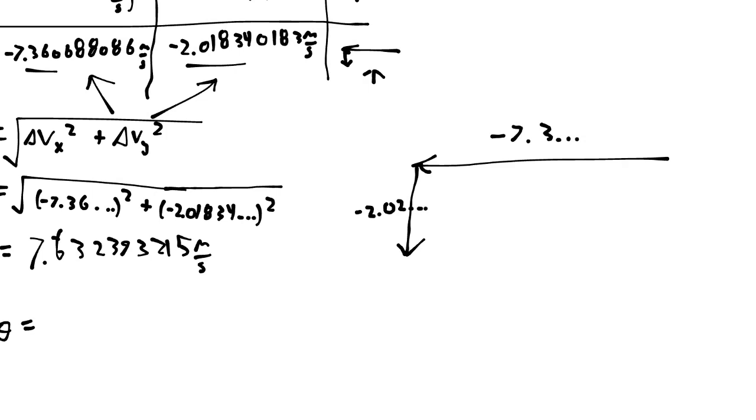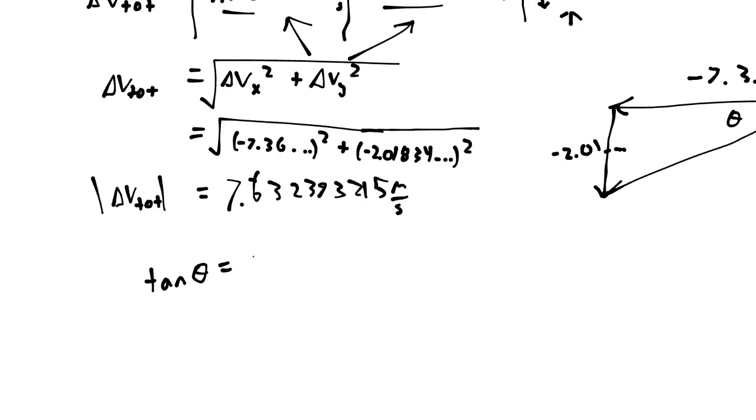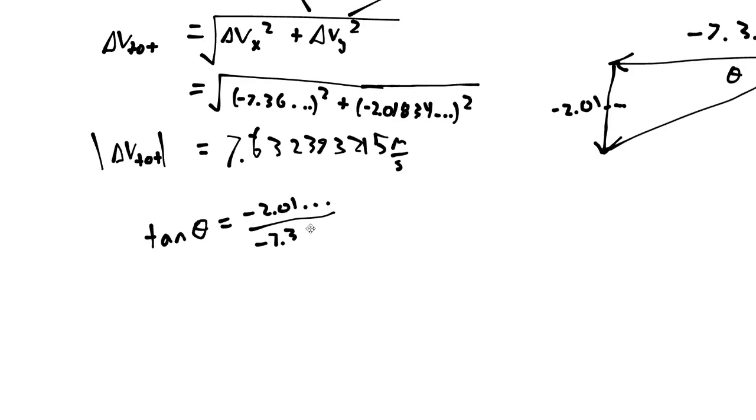Actually, I'll write this as 1 dot dot dot. And then there's theta right there. So opposite in this case is negative 2.01 dot dot dot, and adjacent is negative 7.36 dot dot dot.